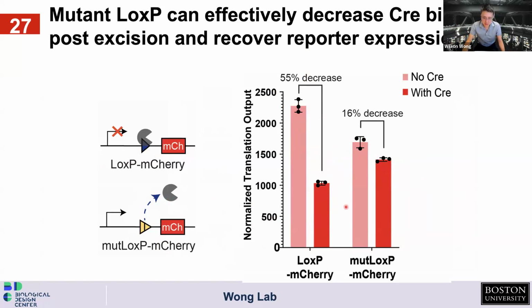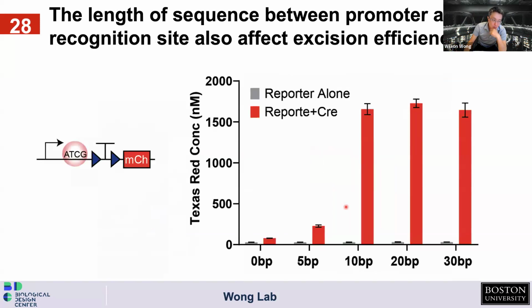Okay, so it doesn't inhibit as much, but still, we got rid of the inhibition by Cre. We still haven't solved one of the most important goals, which is that when we have Cre, it should actually increase expression, right? So what we found is that we didn't know how close you should put the recombination site next to the promoter.